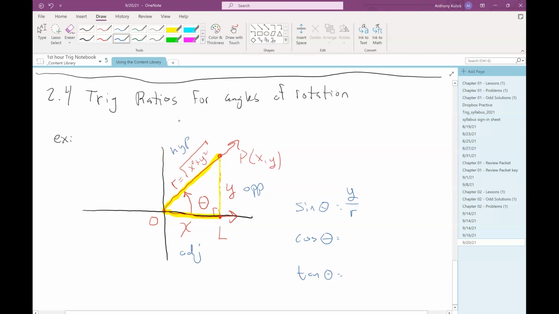Everybody's cool with that? So cosine should be x over r. Tangent should be y over x. Cosecant should be r over y. Secant should be r over x, and cotangent should be x over y.